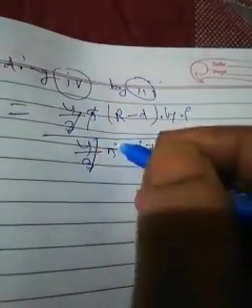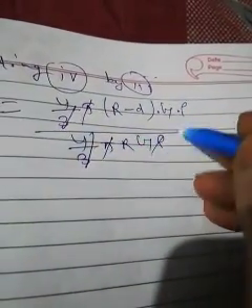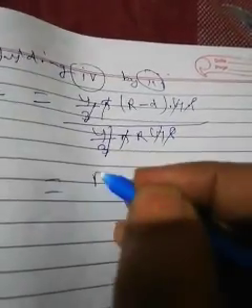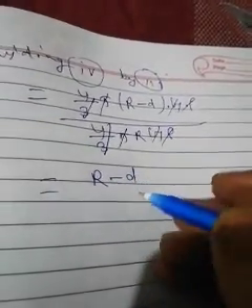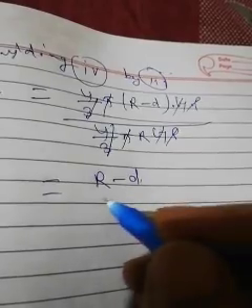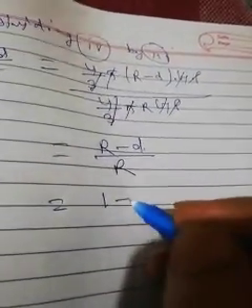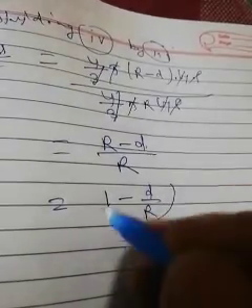Then we can cancel out common terms, rho cancels, capital G cancels. So we get r minus d by r, that is 1 minus d by r.